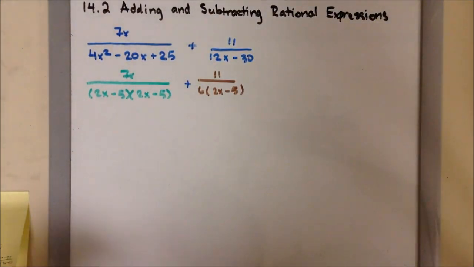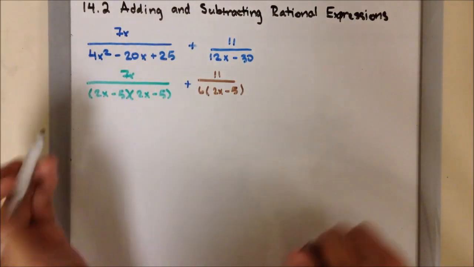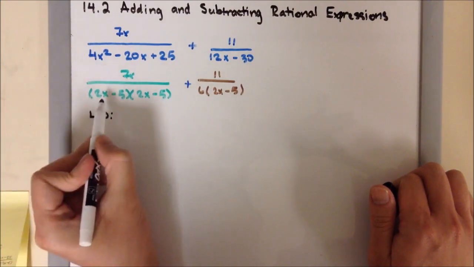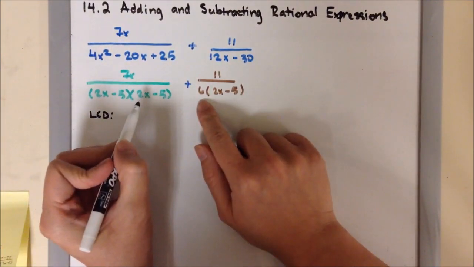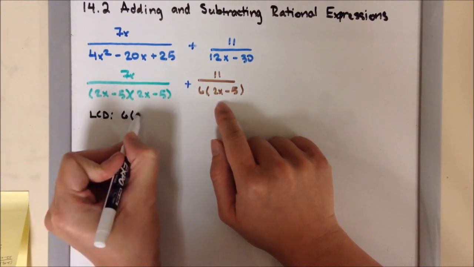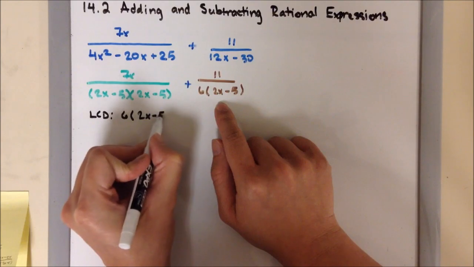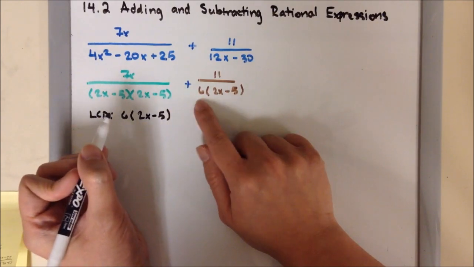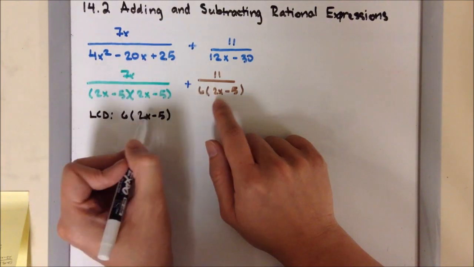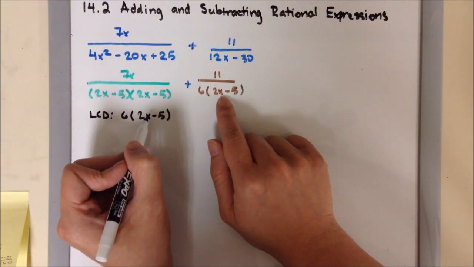Alright, so let's identify our LCD. In the second fraction, I have my number 6 with the 2x minus 5. The reason I'm looking at the second fraction first is because we have a single number that is a factor, so I'm looking at that one first.